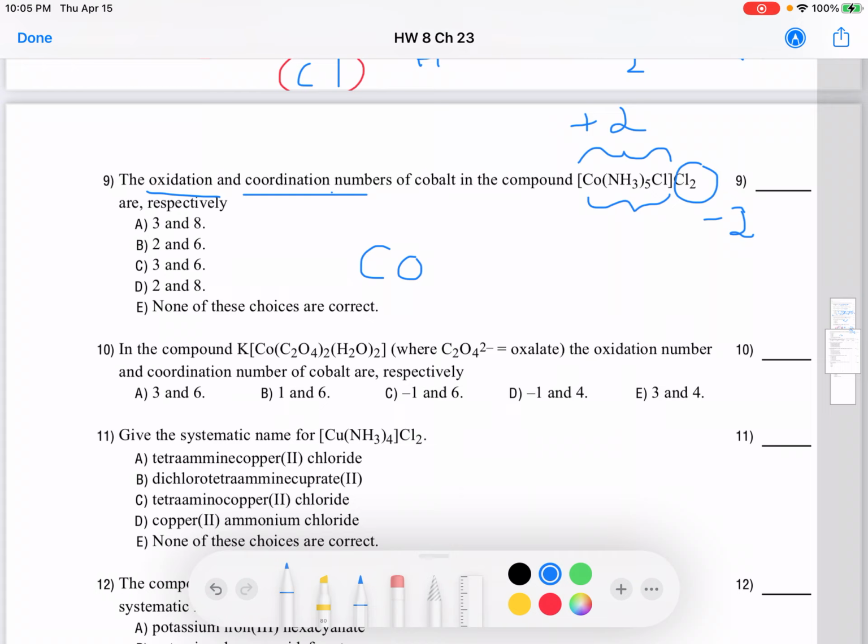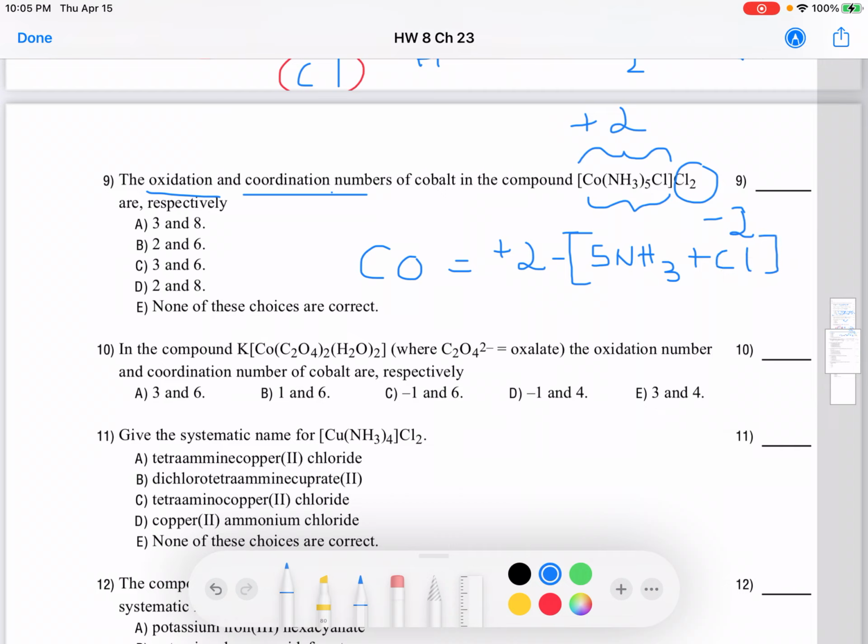To find out the oxidation number for cobalt, you take the charge +2 and you subtract the ligands attached to the cobalt. So there are 5 ammonia ligands plus 1 chloride.